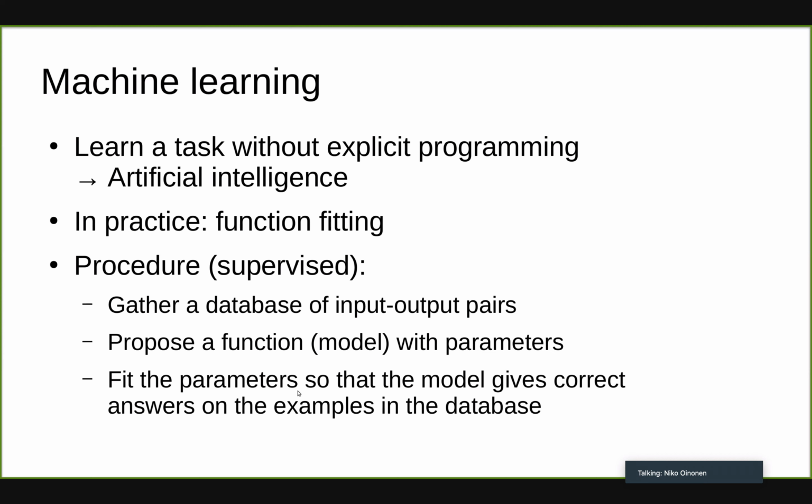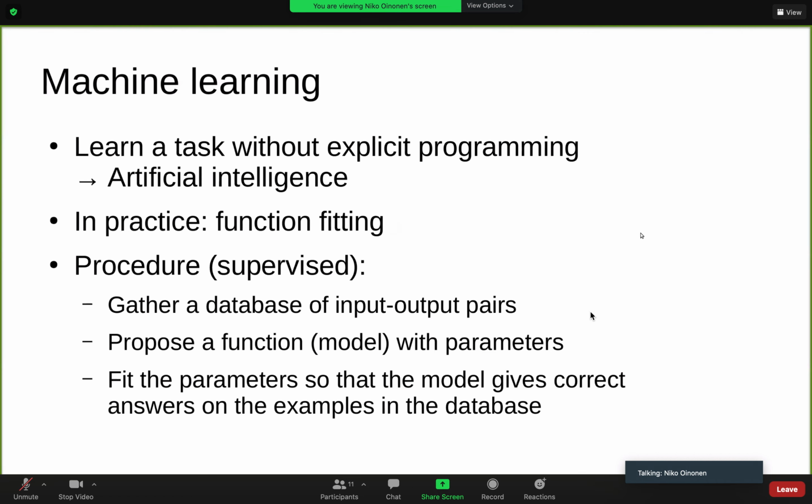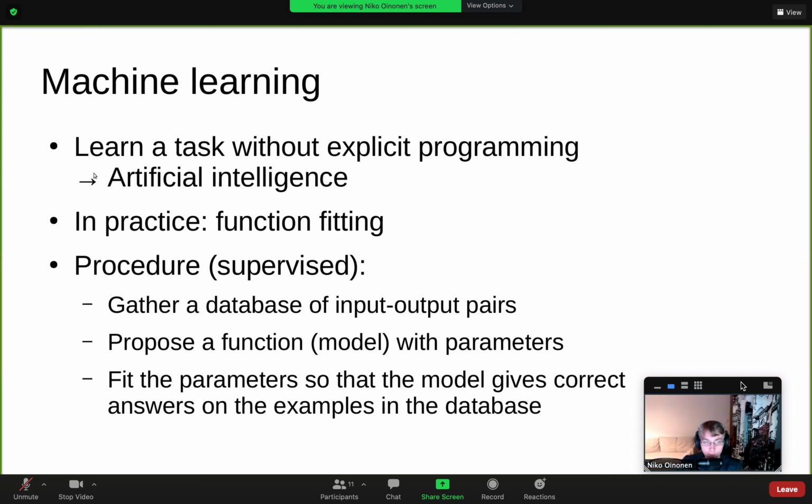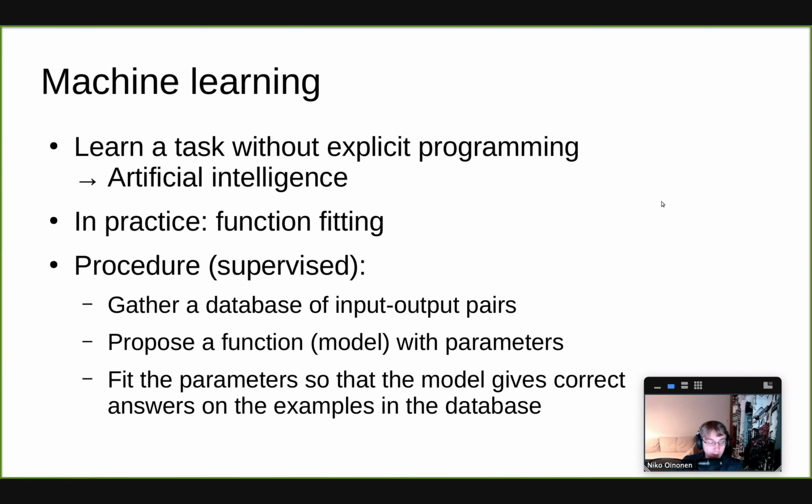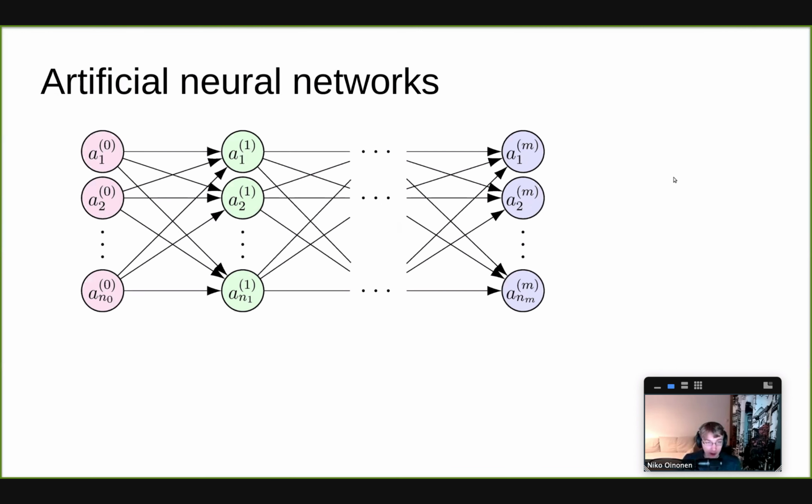Some are used more often, and even defining what the correct answer means is not a trivial task. So even though we say that the program is learning the task, in practice most of the intelligence is maybe in the brain of the engineer that is making the model. So here we will consider a specific class of these model functions called the artificial neural network.